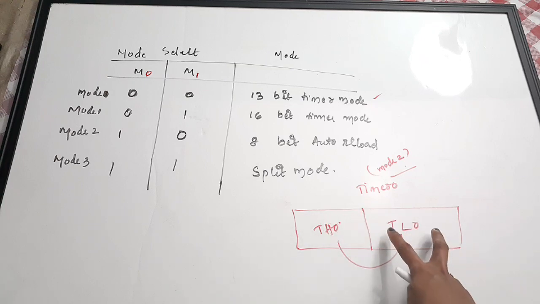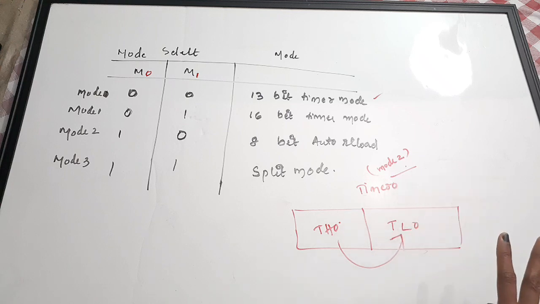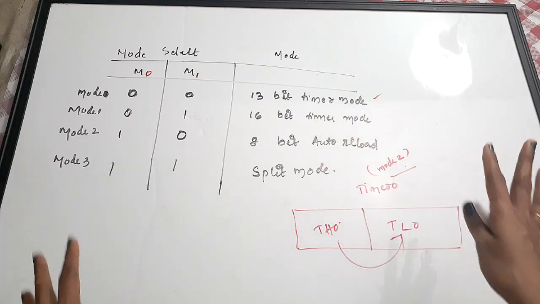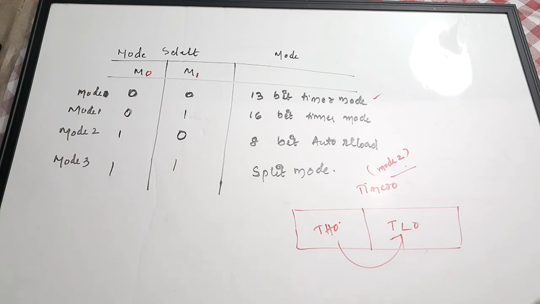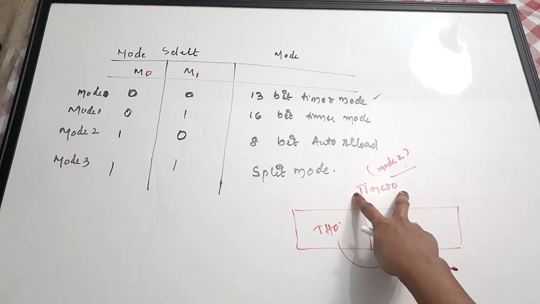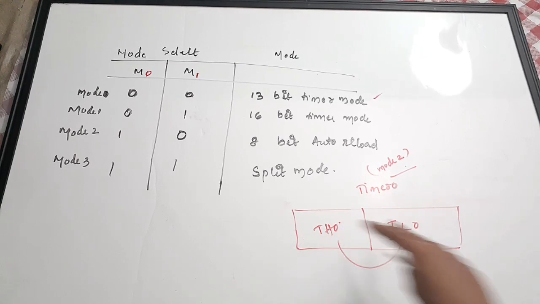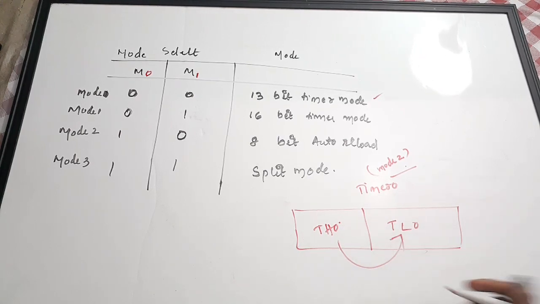Consider that I'm taking timer 0. You can take timer 0 or timer 1; both have the same 4 modes for the various mode selects. Timer 0 has a lower byte and a higher byte. When the maximum timing value is reached, the timer will overflow.